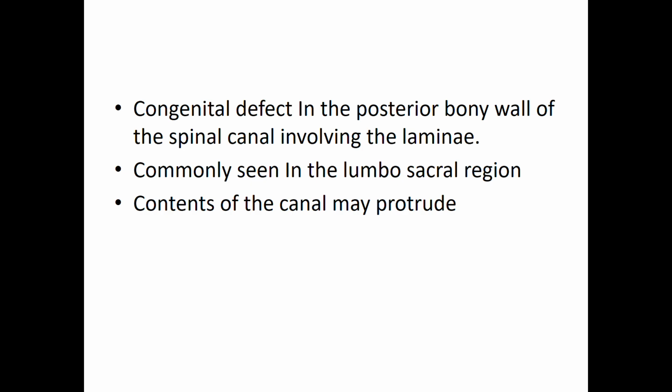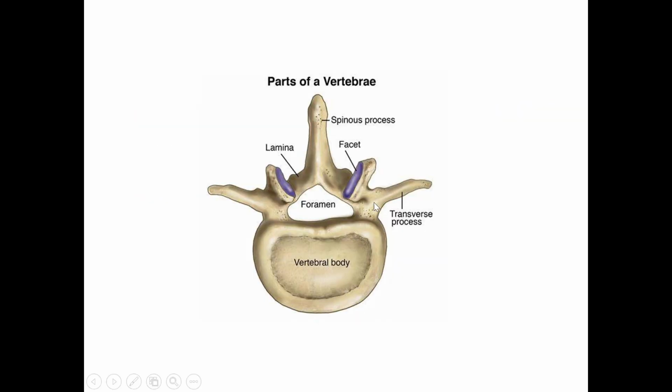Now, the definition of spina bifida: it's a congenital defect in the posterior bony wall of the spinal canal involving the lamina. Basically, the vertebral body is usually formed, but the defect is in this part, the arches and the lamina.